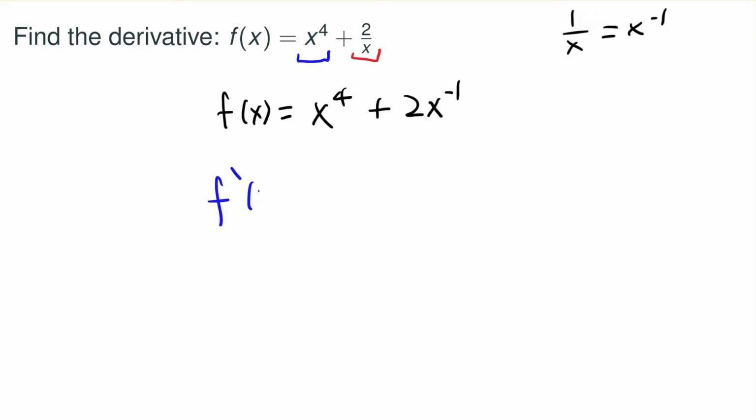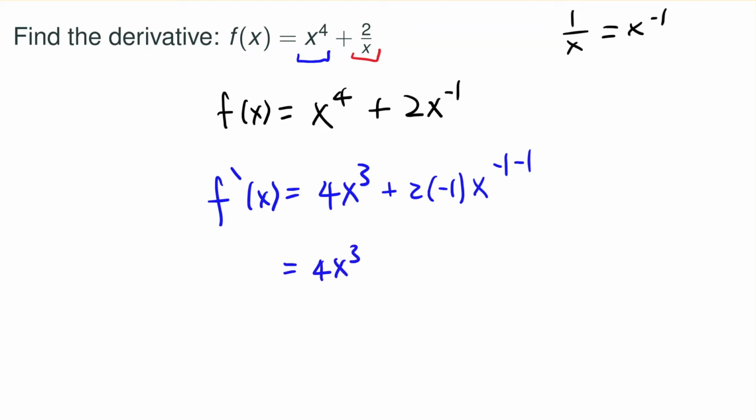So f prime of x is 4x to the 3rd. I multiply by 4 and subtract 1 in the exponent. And here we do the same thing: plus 2 times negative 1 times x to the negative 1 minus 1, which gives us 4x to the 3rd minus 2 x to the negative 2 power. And we can rewrite it as a fraction.